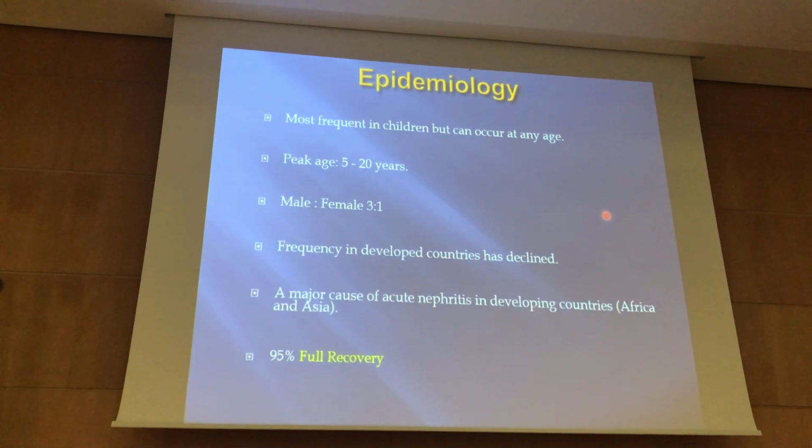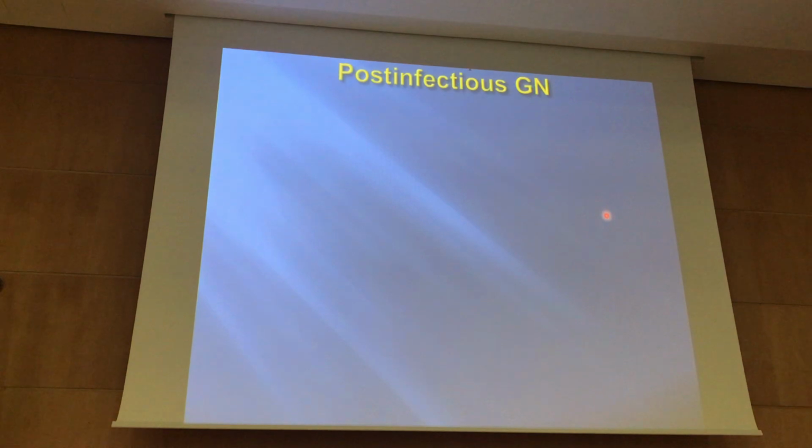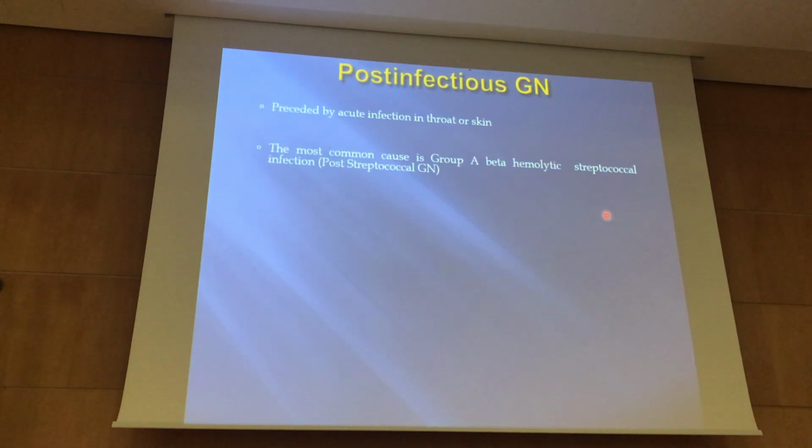There is a 95% recovery rate. If the patient is involved with this and is treated, there is a recovery chance of 95%. It is preceded by acute infection or acute pharyngitis with type A beta hemolytic streptococci.